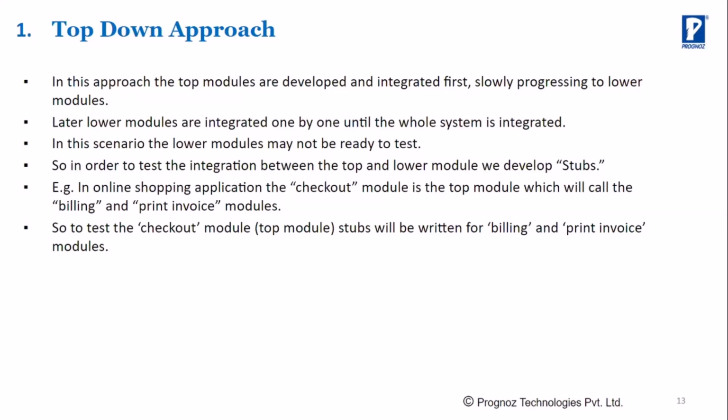So here we can start with the top module, then we can easily go and develop that, and then one by one we can replace the code with the actual development.